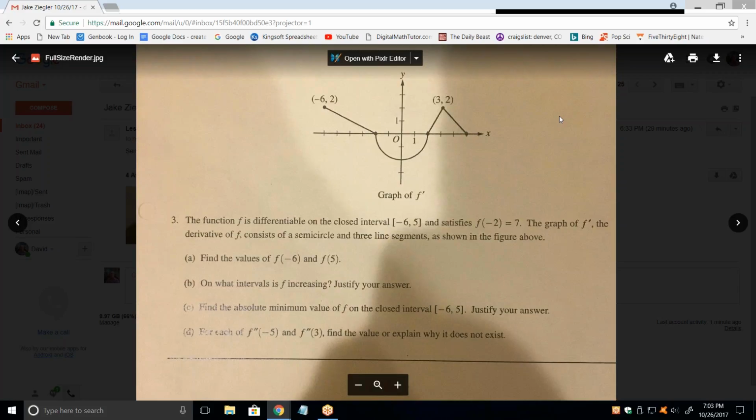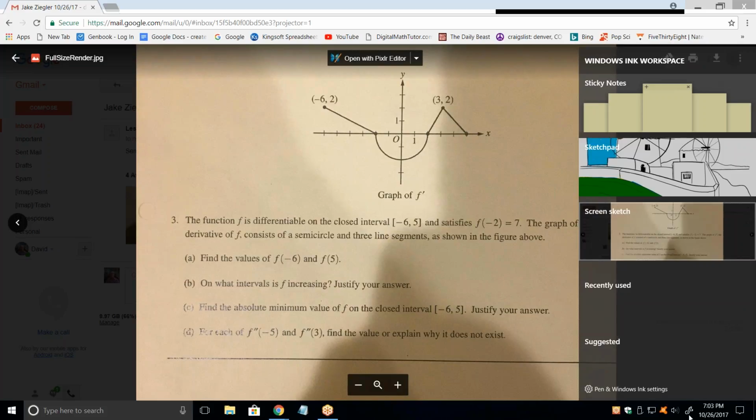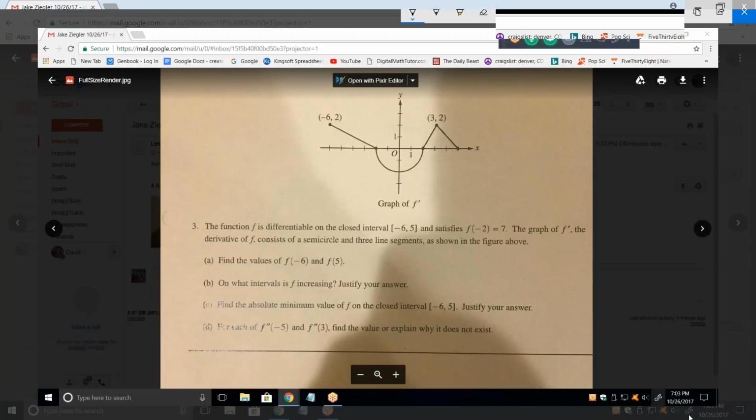All right, let's have a look at this problem here. Well, first of all, I'm a little puzzled that it says it's differentiable on the closed interval.